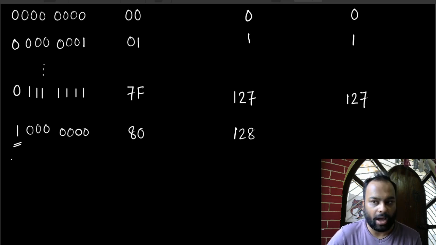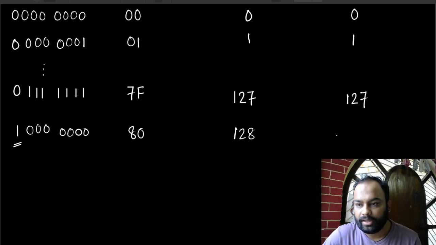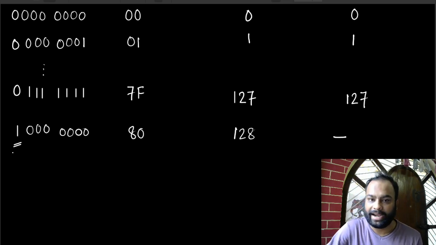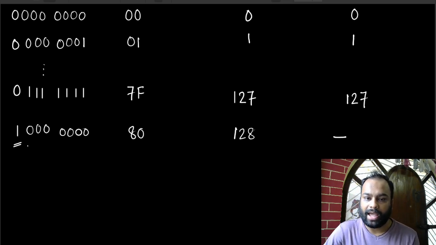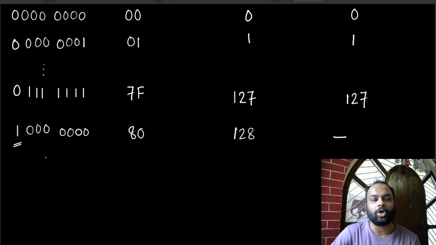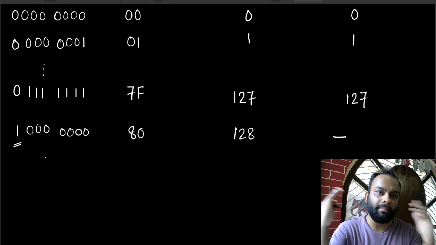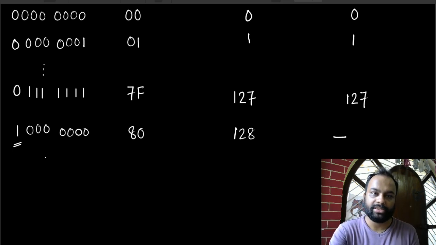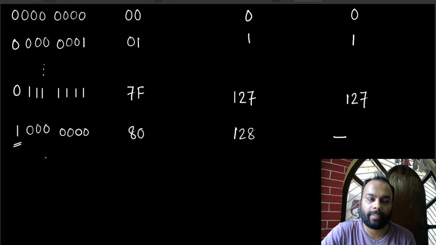I'm trying to figure that out, because that is going to be the number. This is going to be minus something, a negative number, because I have a 1 here. The whole number is the 2's complement of somebody. Question is, whose 2's complement is this?